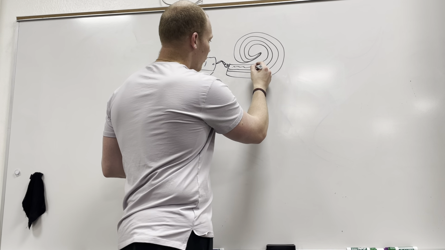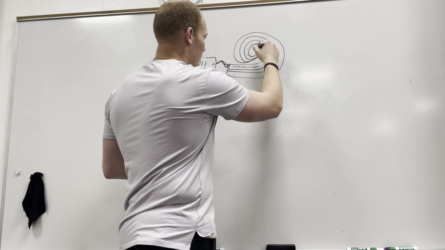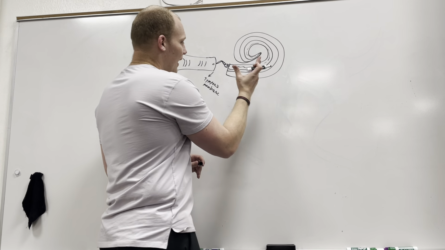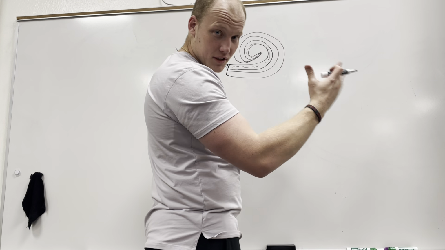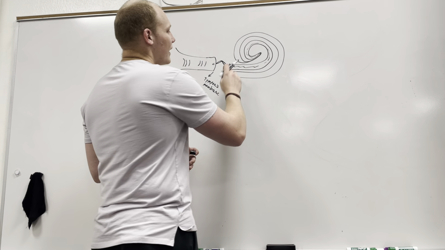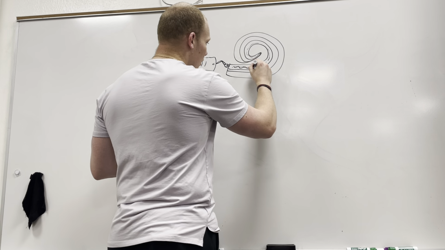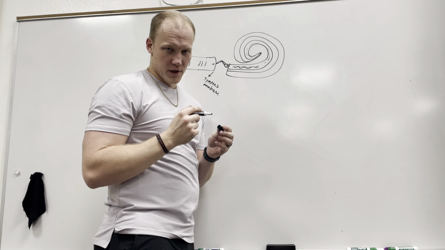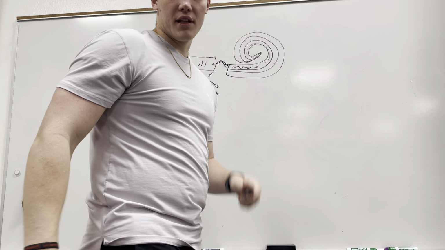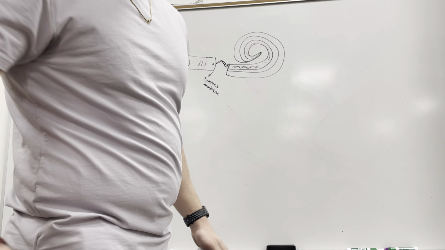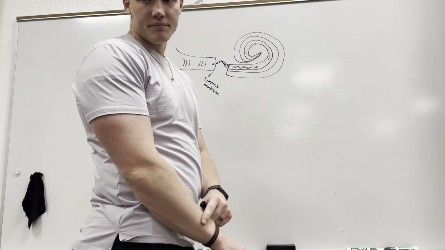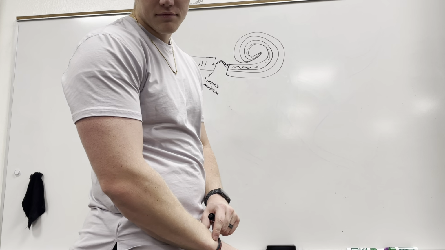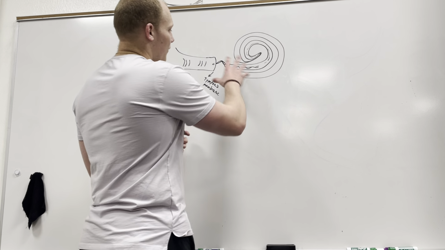We have fluid in here. And as it vibrates that oval window, as it pushes and pressures up against it, it creates waves in that fluid. So in the fluid of the ear, we have different cells.